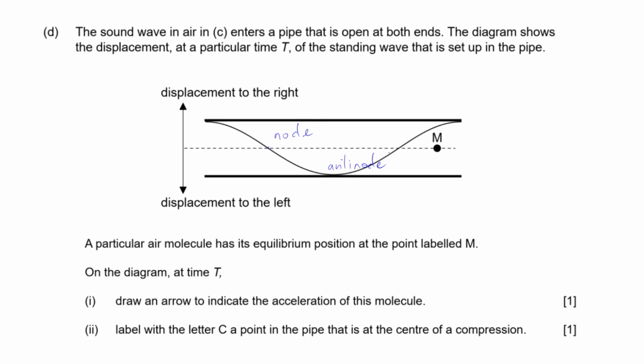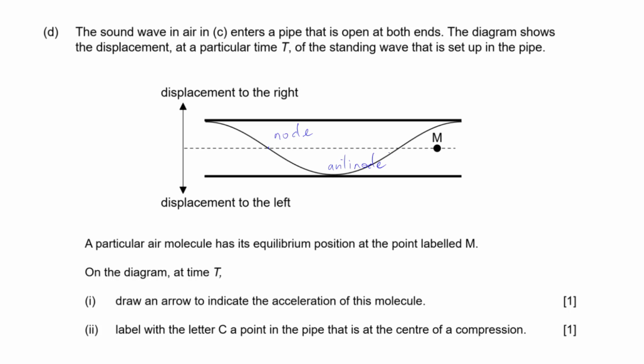A particular air molecule has its equilibrium position at the point labeled M on the diagram at time t. Draw an arrow to indicate the acceleration of this molecule and label this with the letter C at a point in the pipe that is at the center of compression.